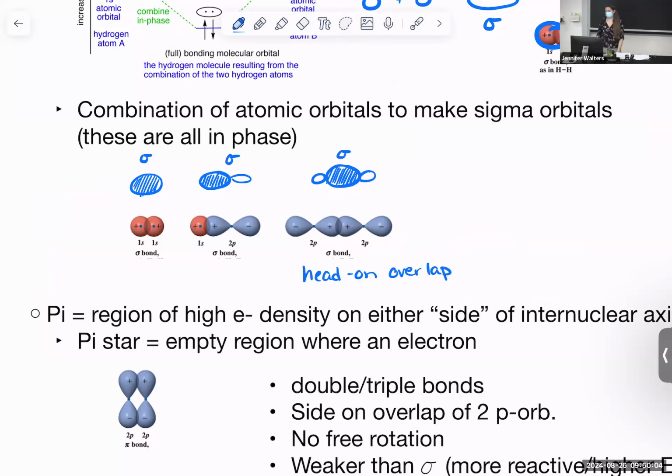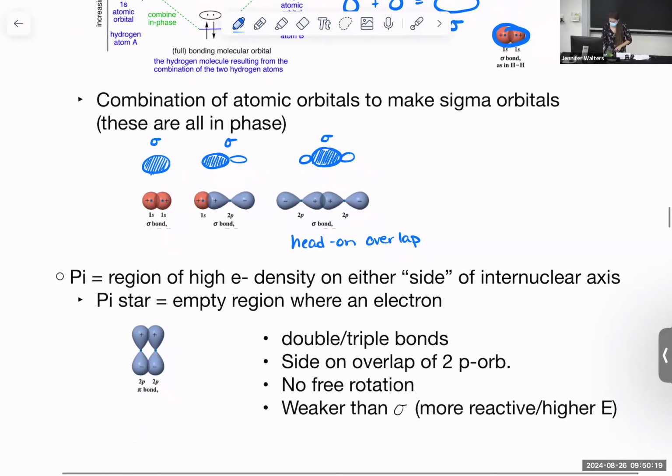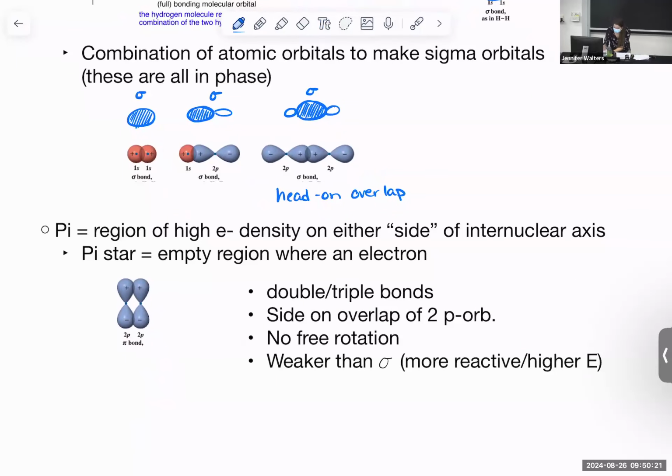I emphasize that because there is one and only one way to make a pi orbital or a pi bond. That is from the side-on overlap of two unhybridized p orbitals. So that pi orbital is that region of electron density that is on either side of the internuclear axis. It's above and below our nuclei.